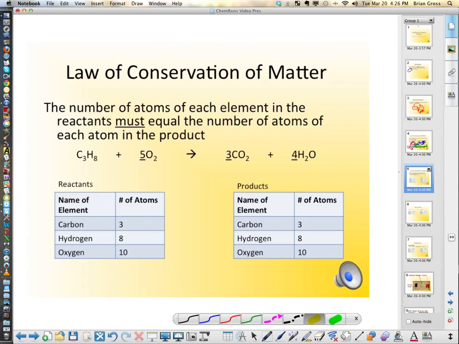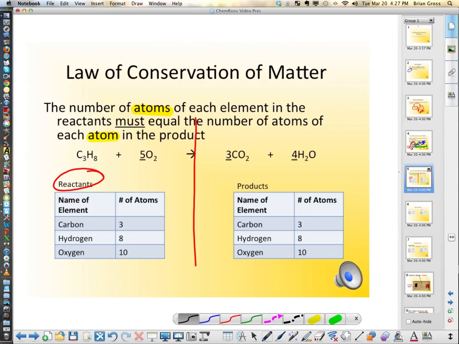So the number of atoms on the reactant side must equal the number of atoms in the product. Very simple. So let's walk through this together. So let's split this in half. This side, like it says, we have our reactants. So we're going to deal with those first.